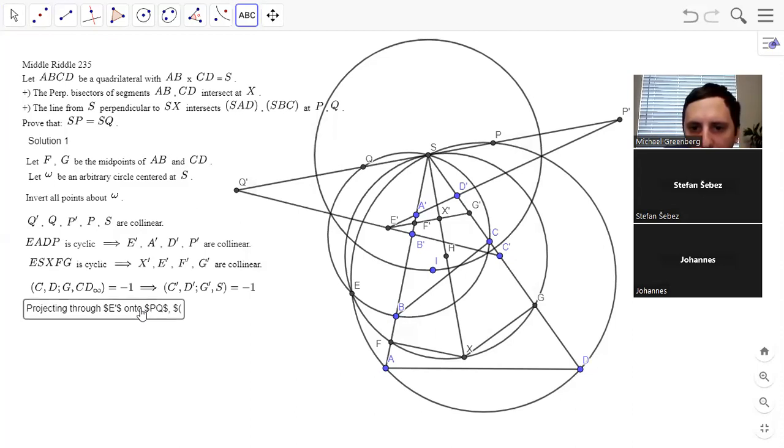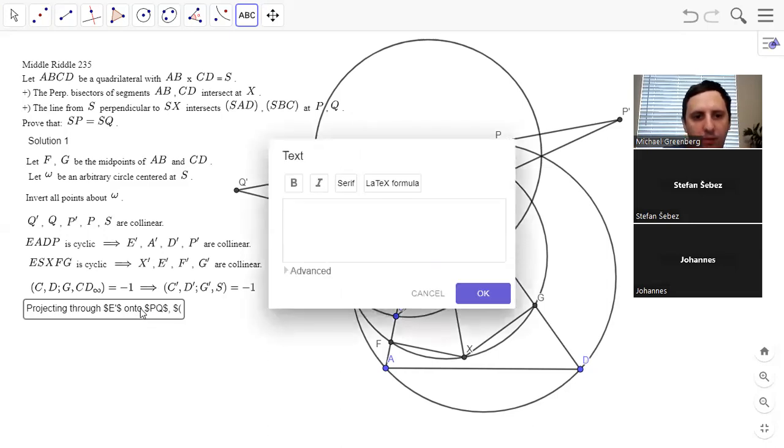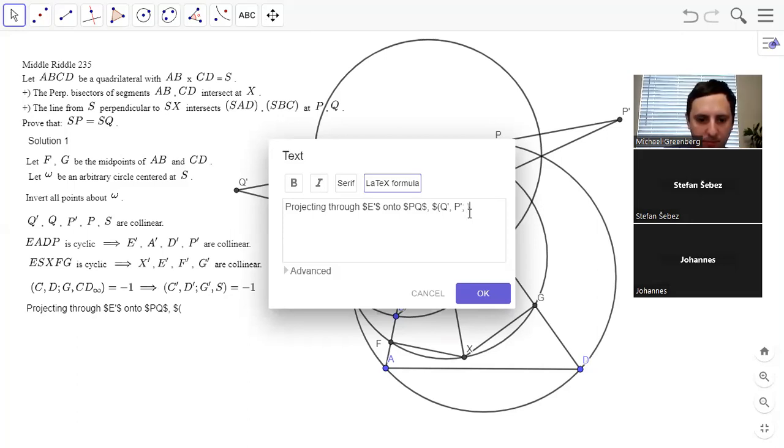Then we have Q prime, P prime, infinity, and S. So S is -1, and that means that SP equals SQ.